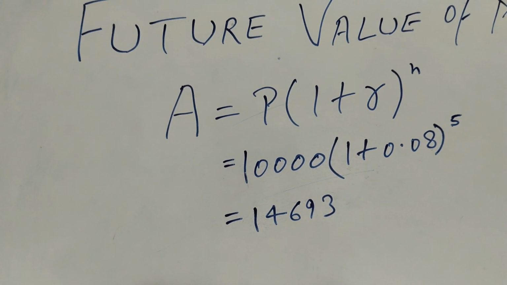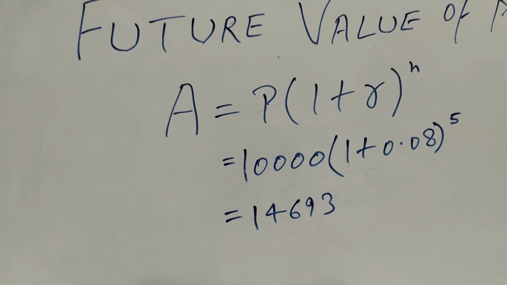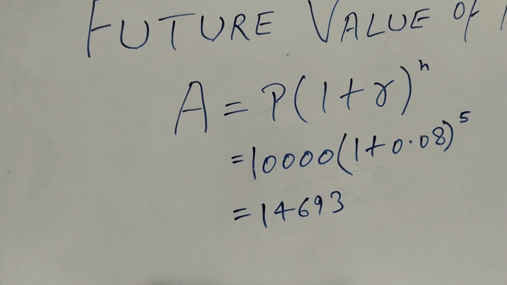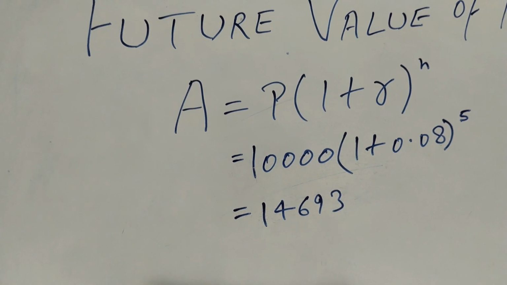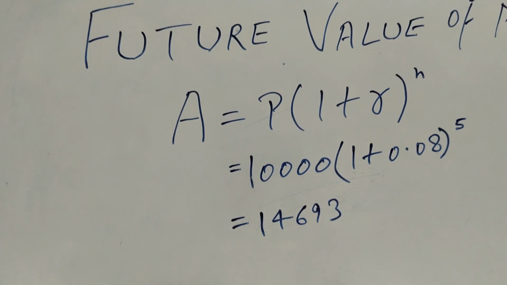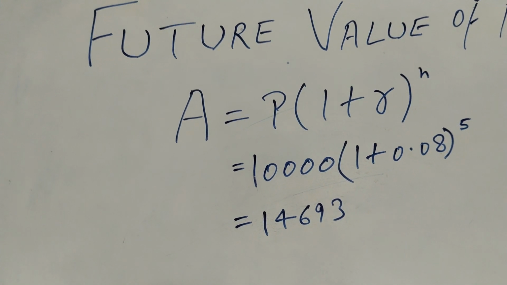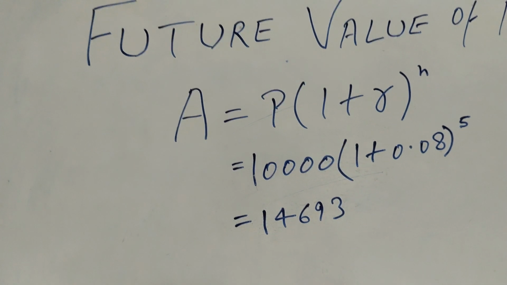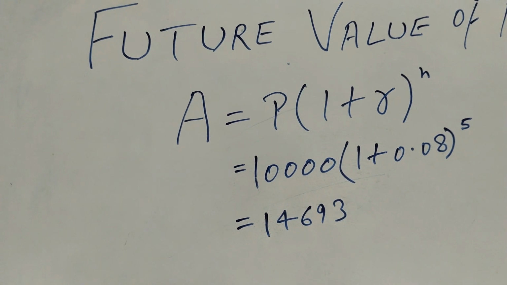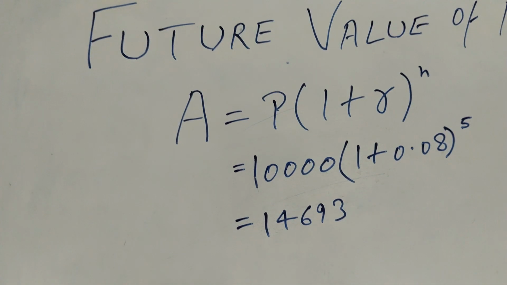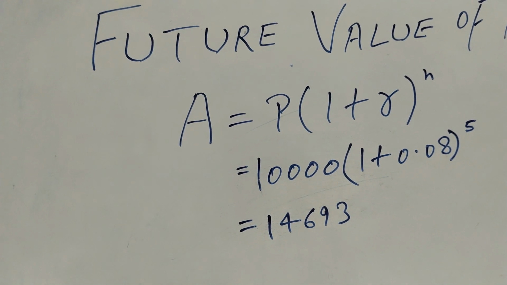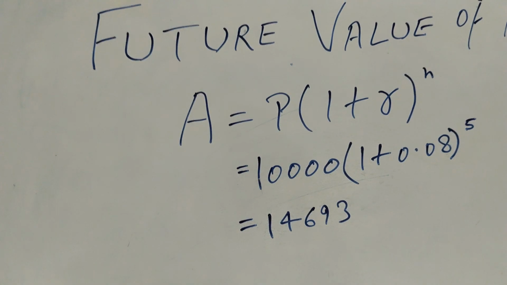If we take 10,000 rupees as an example, today if we have 10,000 rupees, after 5 years how much money would be required to buy a product which is today costing 10,000 rupees? So 10,000 into (1 plus R), that is the rate of return, power 5, that is after 5 years, that is the time.